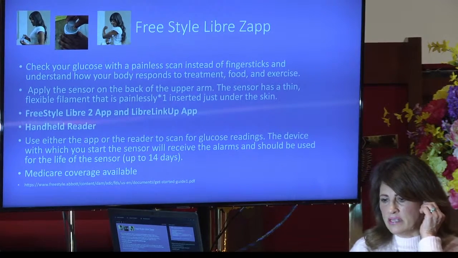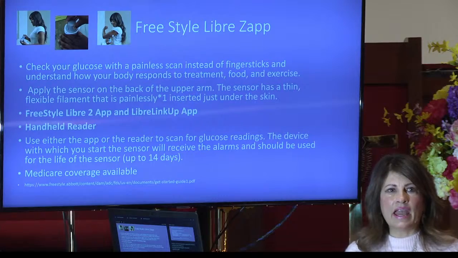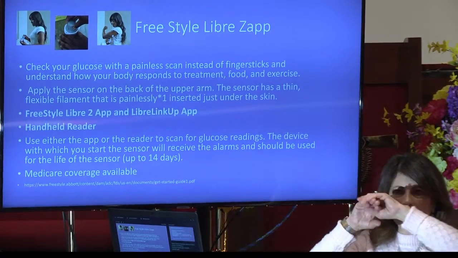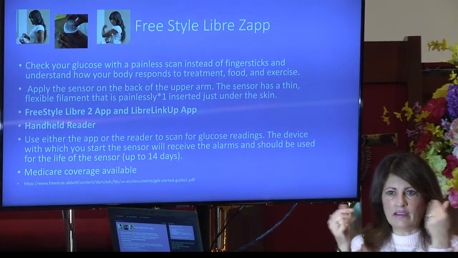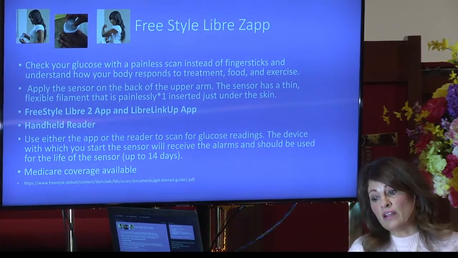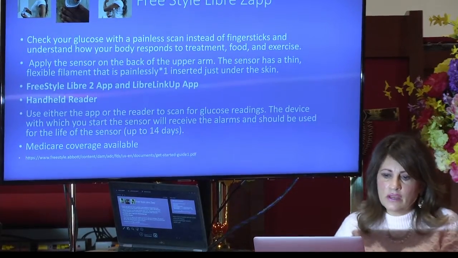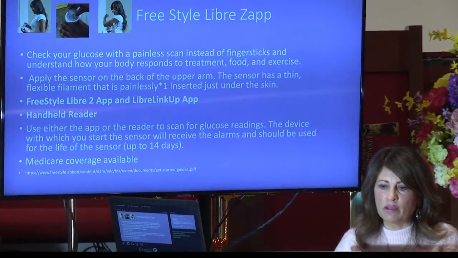I liked the idea of this because I worked a lot with diabetics, and their fingers, 3, 4 times a day, their hands, they're shot. So they only have to do it once every 2 weeks. They have the little scanner and they scan. So I can see where this would really be a blessing to someone.